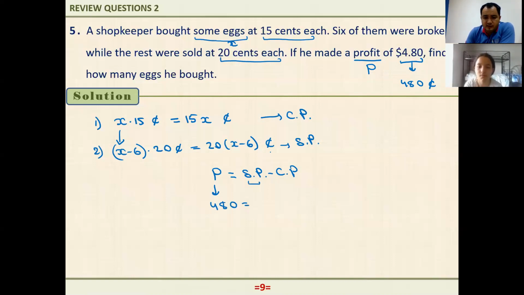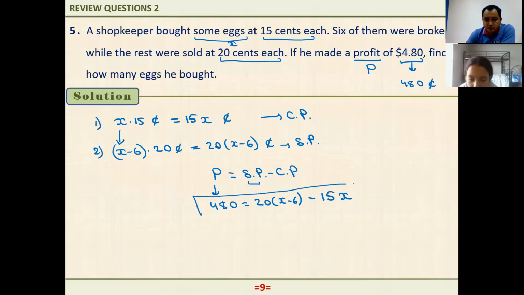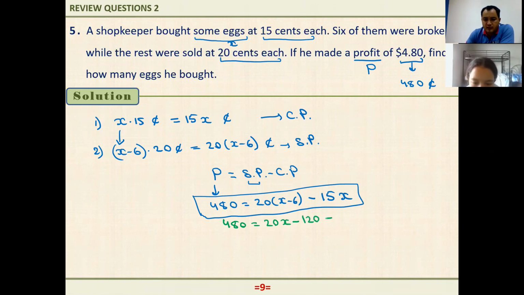And what is the selling price? That is the selling price, 20x minus 6, minus cost price 15x. So now we got our equation. We have to solve this equation. Okay, so now we can solve this. 480, expand this, 20 times x minus 6, 20x minus 120, minus 15x, right?